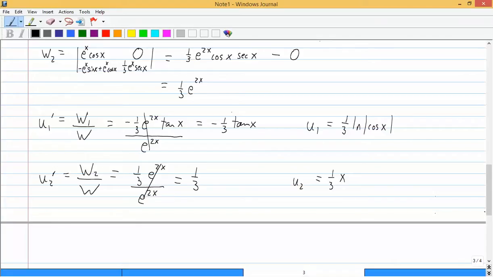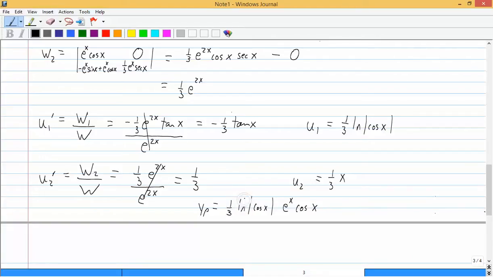Alright, so now I can figure out y sub p. Y sub p is equal to u sub 1 times y sub 1 plus u sub 2 times y sub 2. So u sub 1 is 1/3 natural log absolute value cosine x. Y sub 1 was equal to e to the x cosine x. This string of values just means multiply, right?